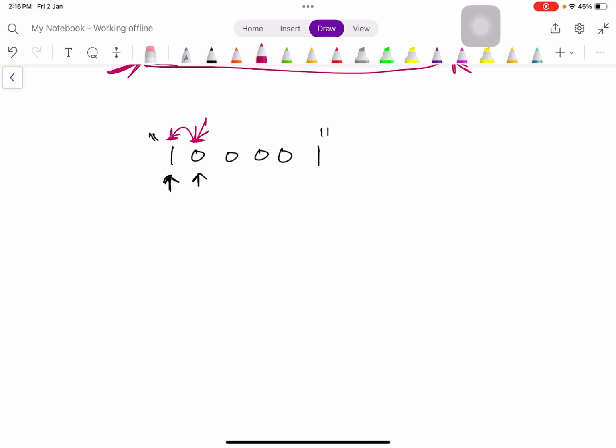Whenever we have zeros which are not balancing any 1, we'll call them extra zeros, or we can also call them unbalanced zeros.